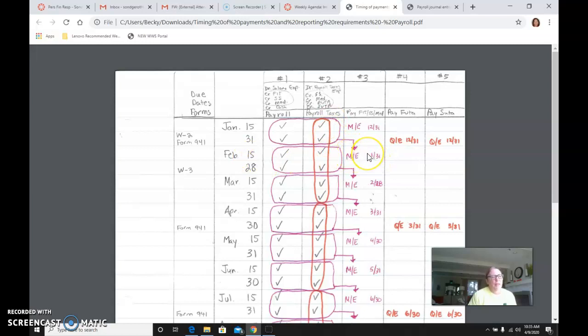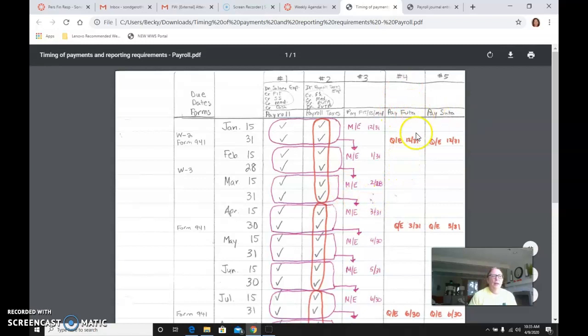So on the 15th of the following month after the month ended. So I would do these 2 February ones by March 15th, these 2 March ones by the 15th of April. So that's for entry number 3. I'm going to pay those every single month, and I've circled which ones it relates to, those liabilities.